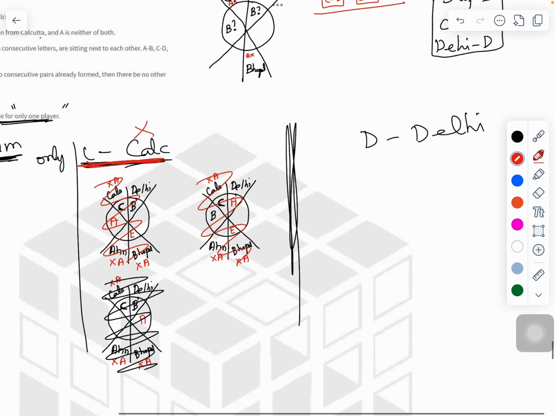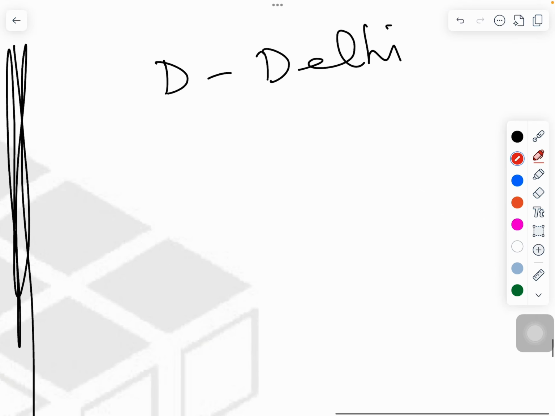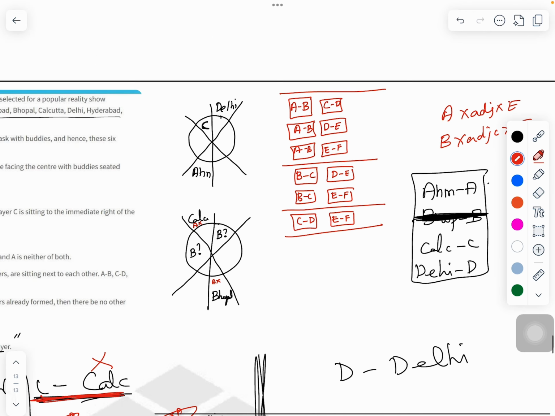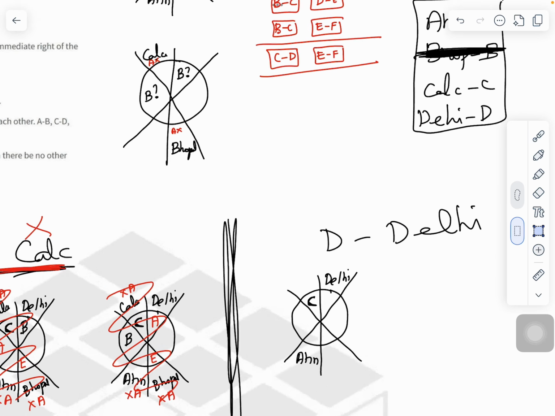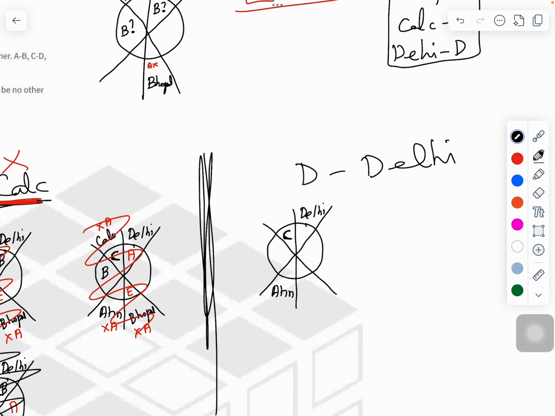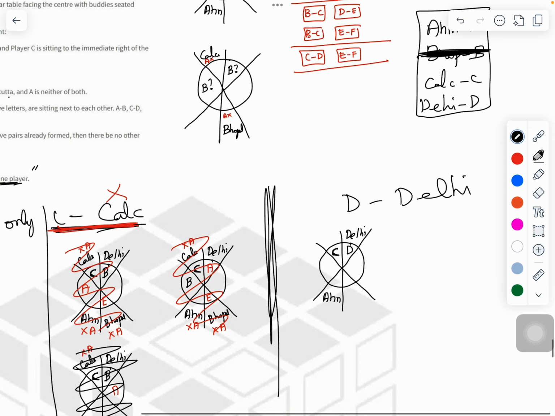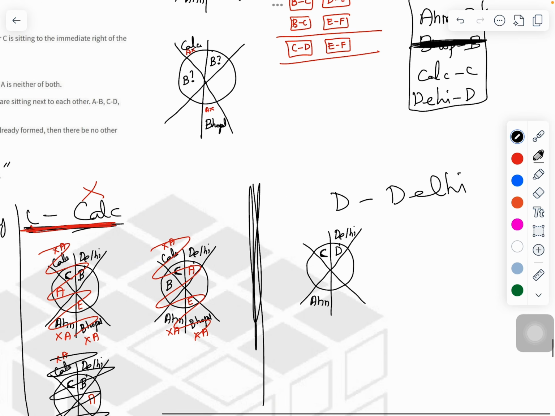Now let's move on to the D Delhi pair. If D Delhi is the right pair, now where can we place our B?